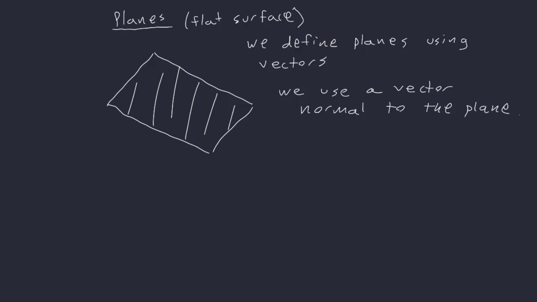Every plane will have a vector, and actually a bunch of vectors, that is perpendicular to the plane itself. So I always like to say set a pencil down on the table so that it points straight up. That would be a normal vector to the table. Or you can set it on the floor and have it point straight up. That would be a vector normal to that plane.